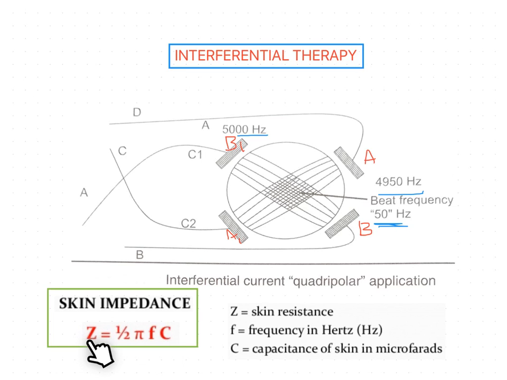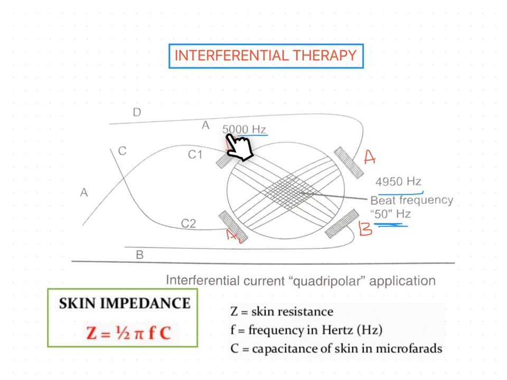What we are doing in interferential therapy is using medium frequency currents. What is the range of medium frequency currents? It is greater than 1 kilohertz, that means 1000 hertz, to less than 10 kilohertz, or 10,000 hertz.